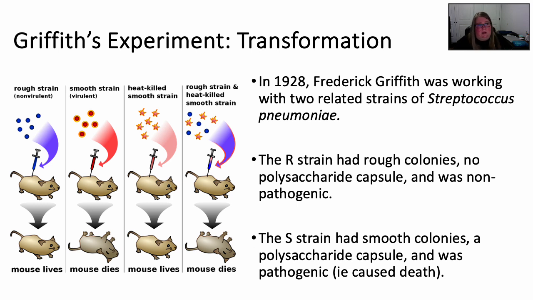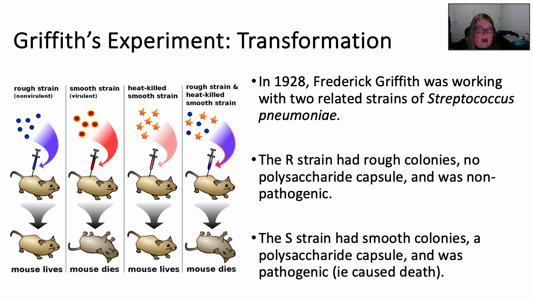There was an experiment that was part of this process, and it was run by Frederick Griffith in 1928. Griffith was working with an infectious version of Streptococcus pneumoniae. He was actually working with two strains and studying the disease process. There's the R strain, which is named because the colonies, when you grow them, look rough on the outside.